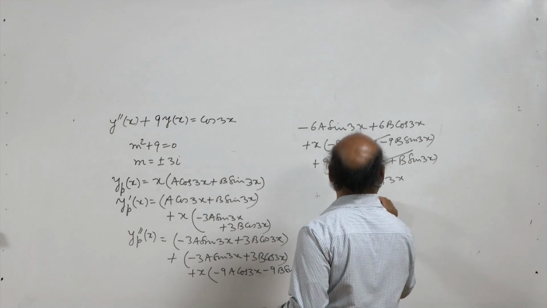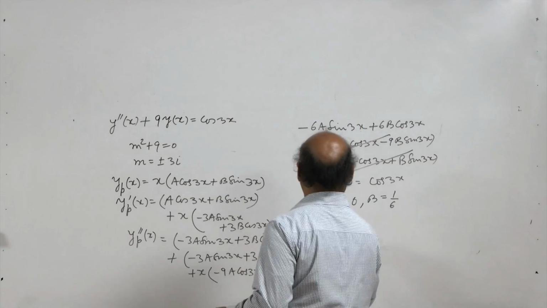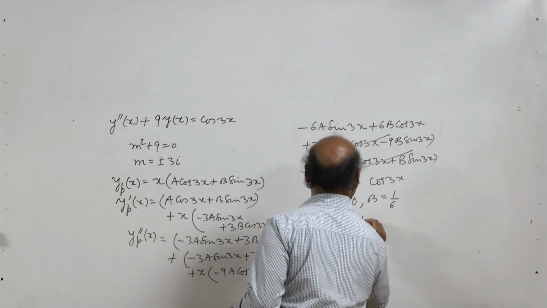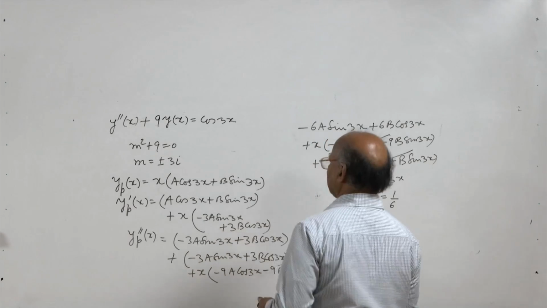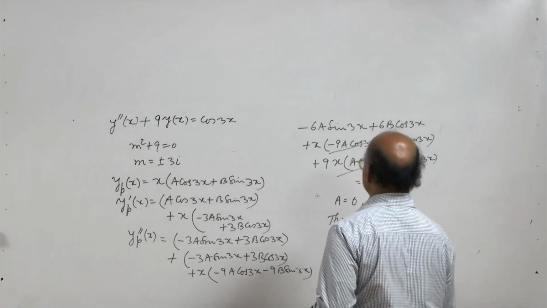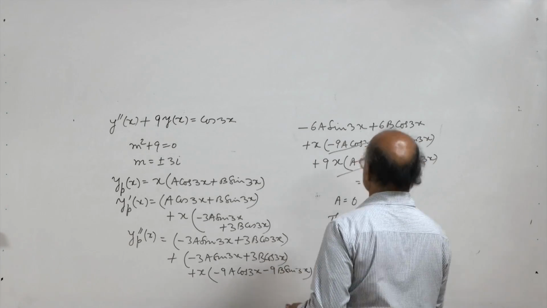we get a equal to 0 and b equal to 1 by 6, and therefore yp(x) equal to x times a is 0, b is 1 by 6, so x by 6 sin 3x.